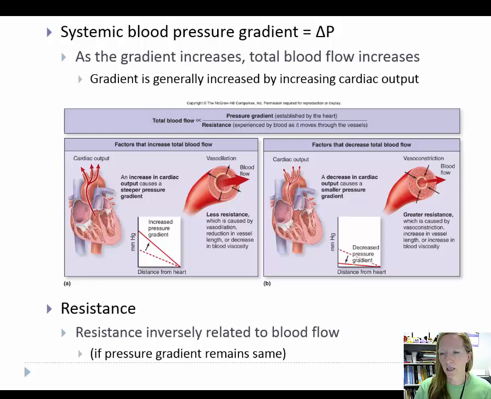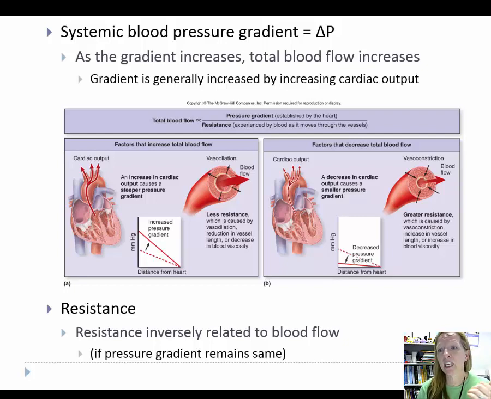So that's another thing. If we want a nice increase in total blood flow, we can add in resistance. You want as little resistance as possible. So you want vasodilation to occur. You want to make sure that, or not necessarily vasodilation. So remember that your blood vessels are usually slightly constricted to help with blood flow and pressure. So as long as there's that normal vasomotor tone in your blood vessels, then you are good.